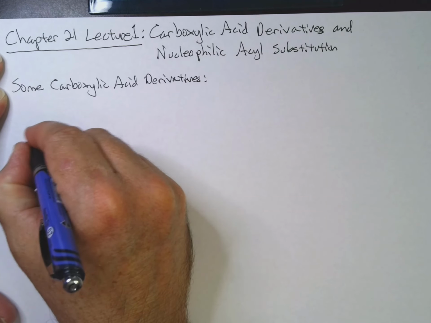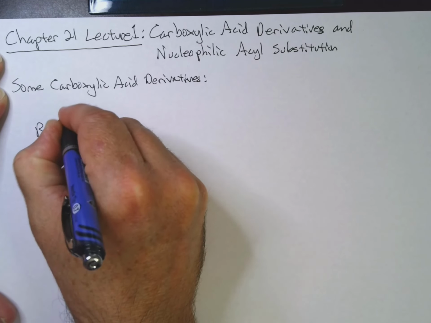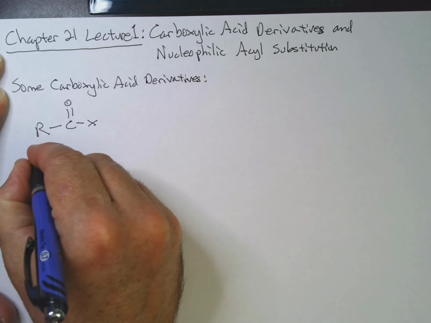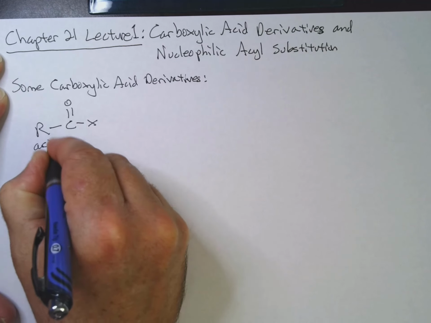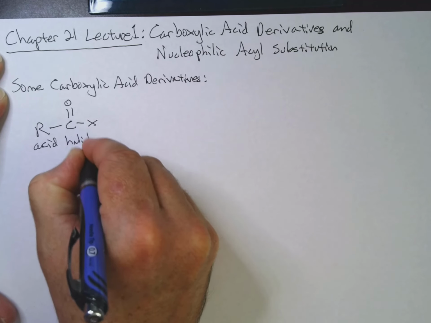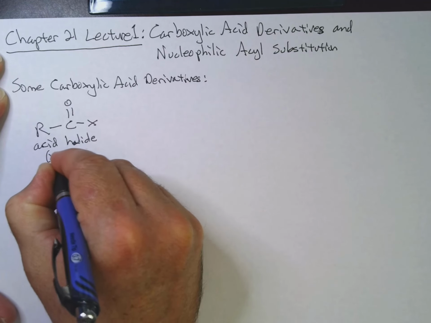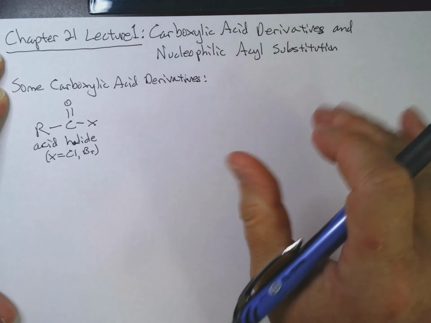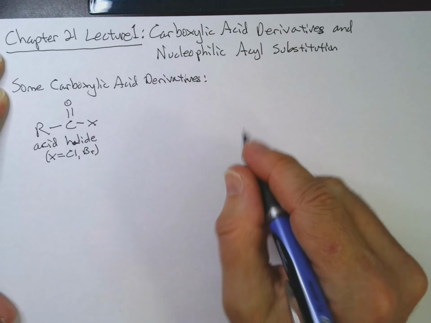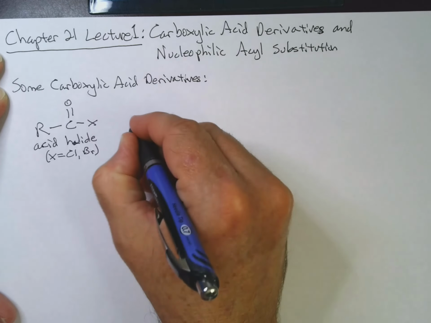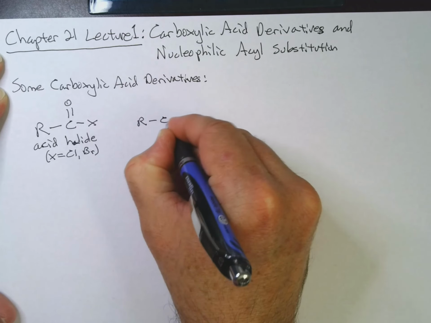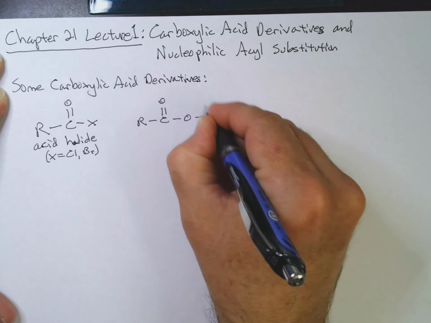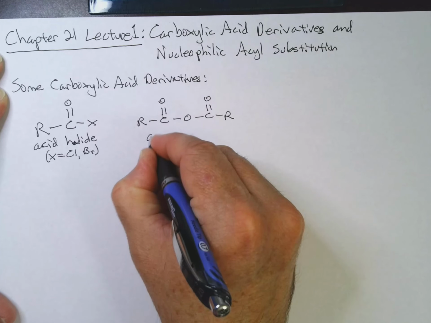Okay, so I did talk about this last time. We could have an acid halide where X equals chlorine or bromine. So I think I gave you the example of an acid chloride before. We could have an acid anhydride.